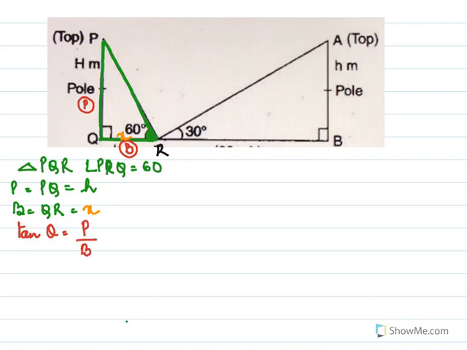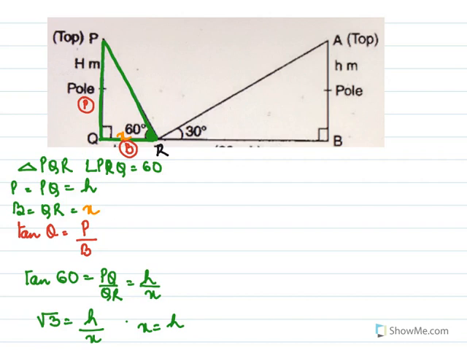In this case tan of theta is tan 60, perpendicular is PQ, base QR, which is h over x. So tan 60 is root 3. Root 3 is h over x, and x equals h over root 3. We just keep this, we need this a little later.